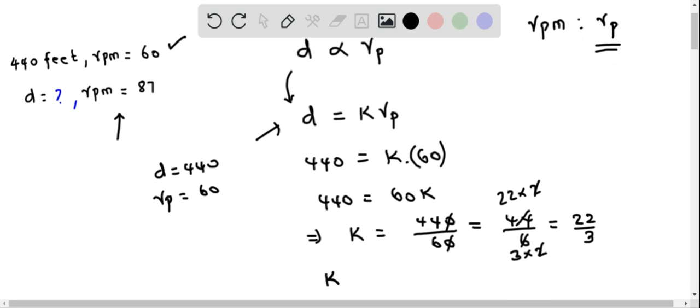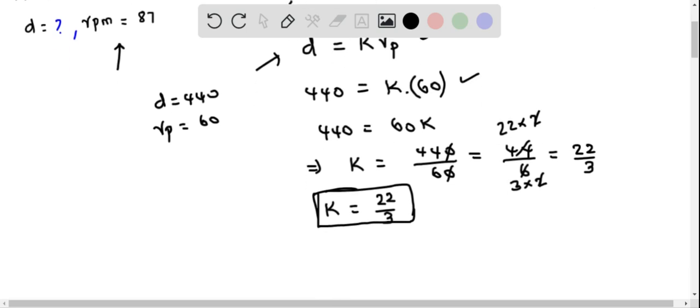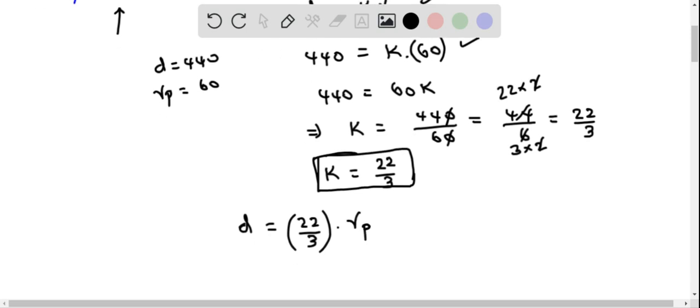So we have determined the value of k equals 22 over 3, which means we can plug it into the variation equation, the relation between the distance and the RPM. So we get d equals 22 over 3 times the RPM, written as R sub p.